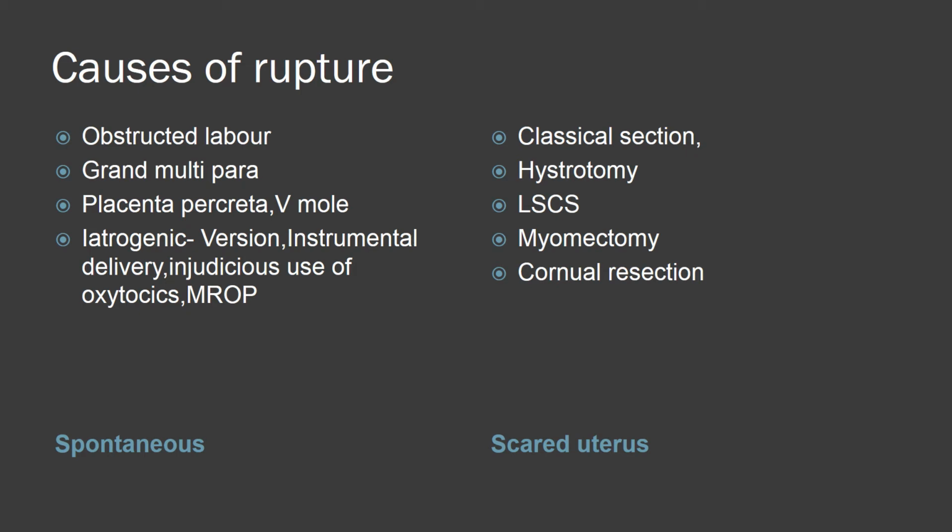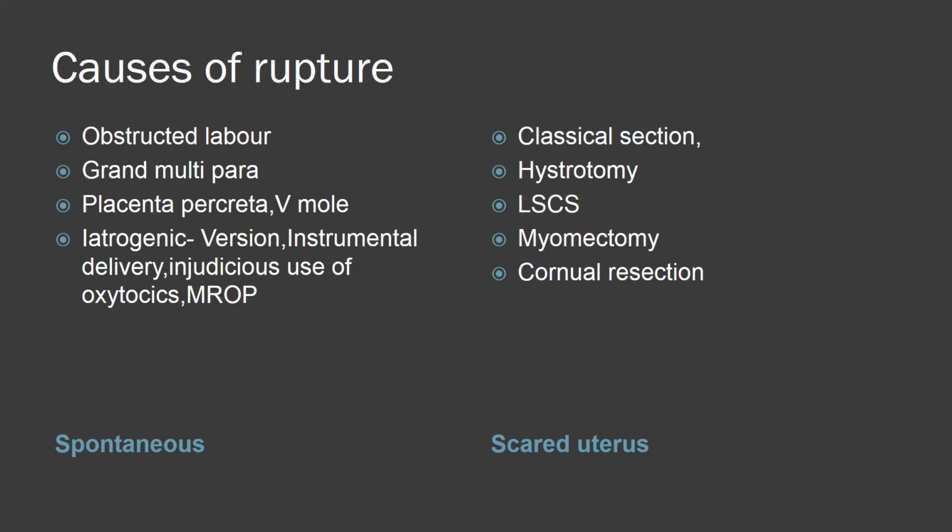Lower segment cesarean section is the most common surgery we do on the uterus, and it is the most common cause of scar dehiscence or scar rupture, even though the chance of rupture is less than 1% in a lower segment cesarean section. Myomectomy: the scar is usually healthy because the surgery is done on a non-pregnant uterus, resulting in a healthy scar unless the endometrial cavity is entered, and the chance of rupture is very rare in a myomectomy scar.